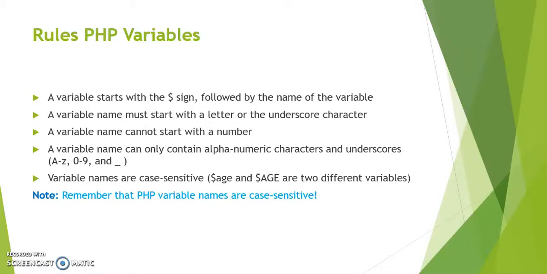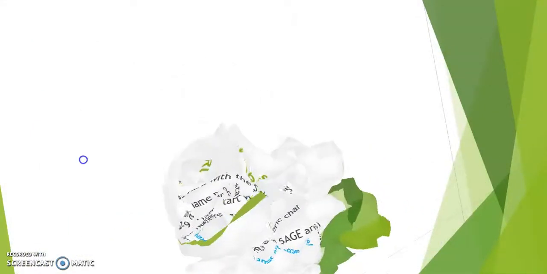So, having said that, the only difference between PHP variables and others is that a variable name must start with the $ sign followed by the name of the variable. That is the only difference. Otherwise, in other programming languages, they're the same. So let's take note of that.